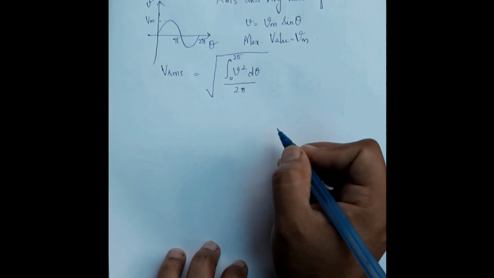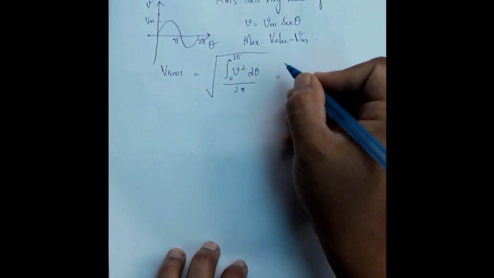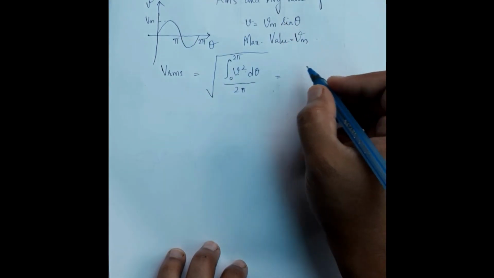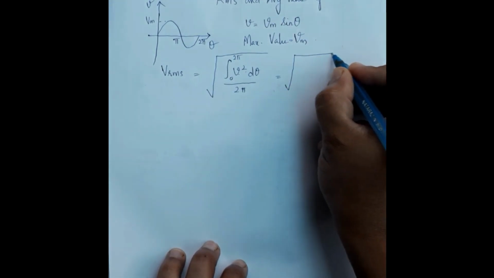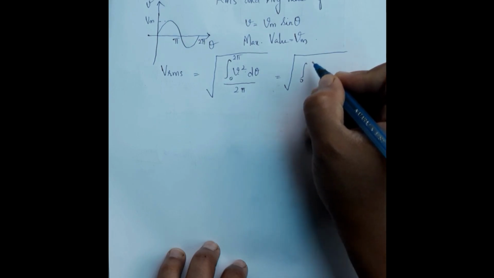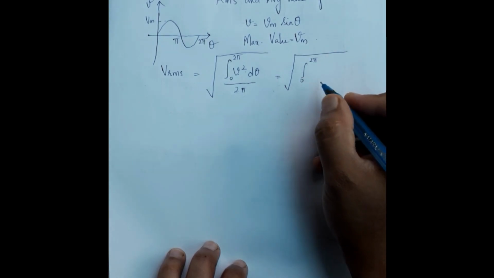Now let's start simplifying it by substituting for V. It becomes Vm squared sine square theta.